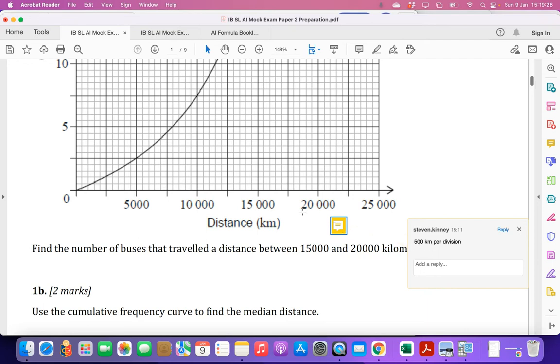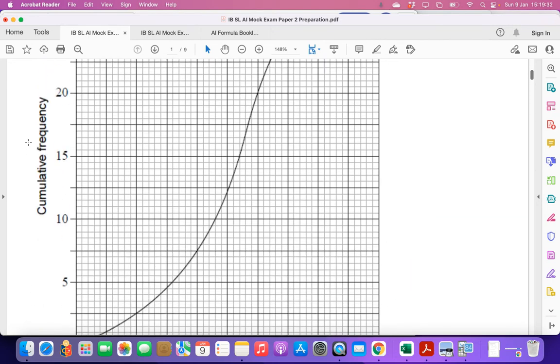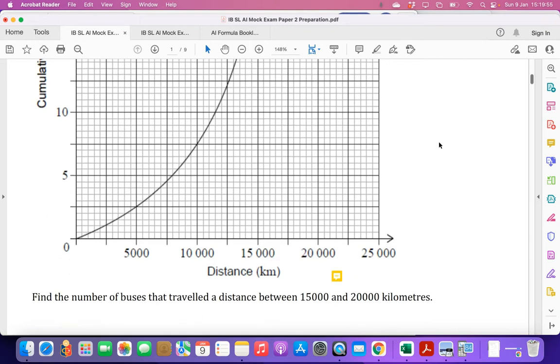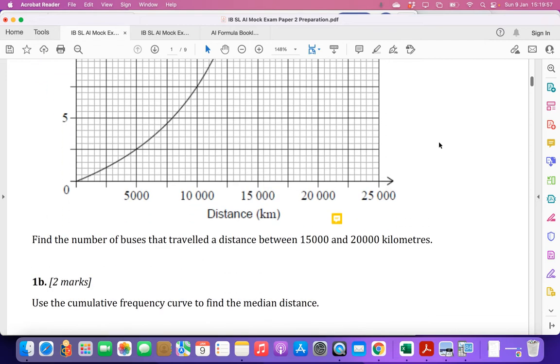On the vertical axis, I wrote half a bus per division. I marked on the question paper, it doesn't matter.